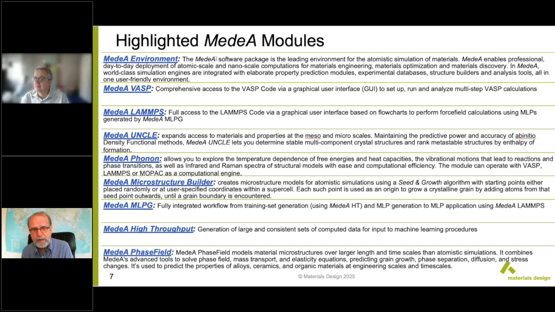On the other hand, if you're interested in generating a very generic MLP, machine learned potential, for example in the form of a SNAP potential or an ACE potential, atomic cluster expansion, then you create training sets that resemble and capture the structures you're interested in, for example surfaces, interfaces or various phases, and you use MedeA VASP high throughput to generate these structures.